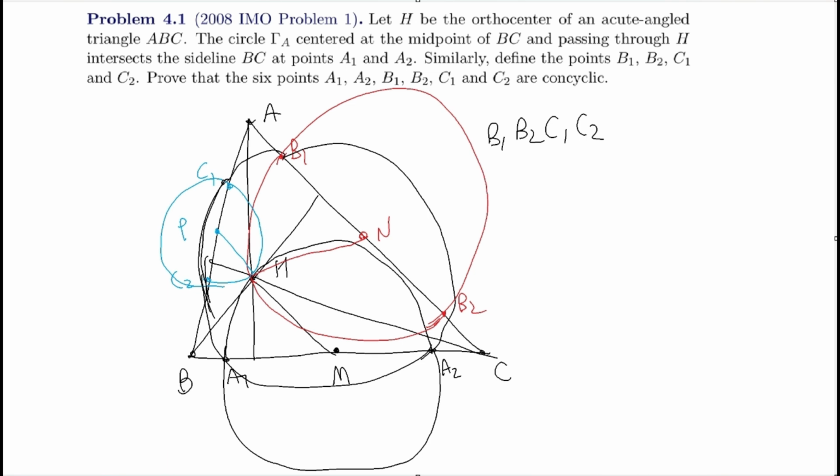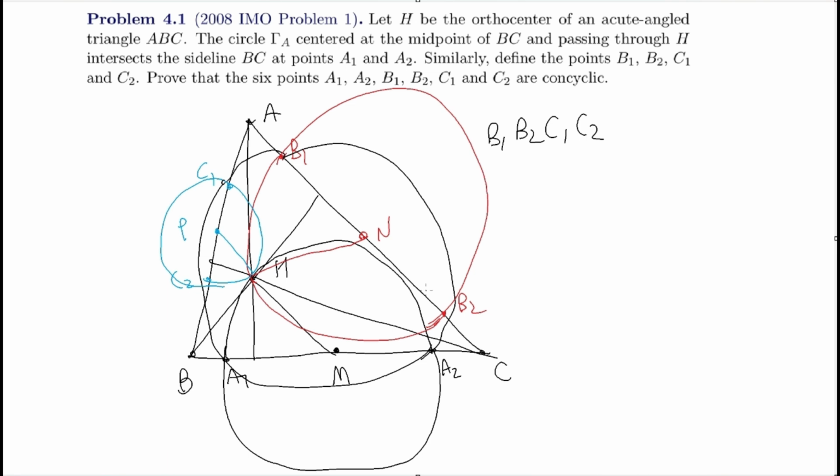And this radical axis of the red circle and the blue circle here is some line passing through H. So by radical center, if this quadrilateral were cyclic, then A also must lie on the radical axis. And which makes sense because that just gives us the desired result by power of a point. Because if A lied on the radical axis, then AC1 times AC2 equals AB1 times AB2.